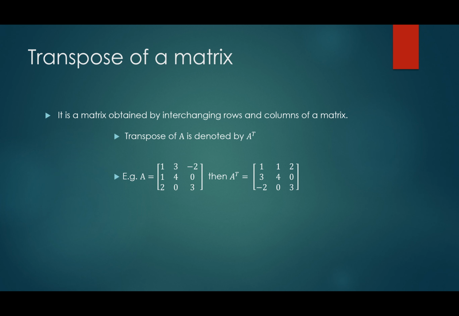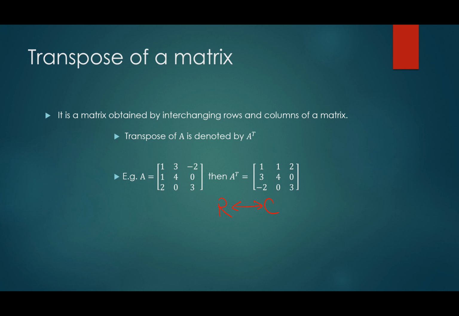Now we have one more slide, the transpose of a matrix. Now what is a transpose? Suppose we have a matrix. I have an example over here. In the matrix A, the first row is 1, 3, minus 2, second row 1, 4, 0, third row 2, 0, 3. Now suppose I interchange rows and columns.